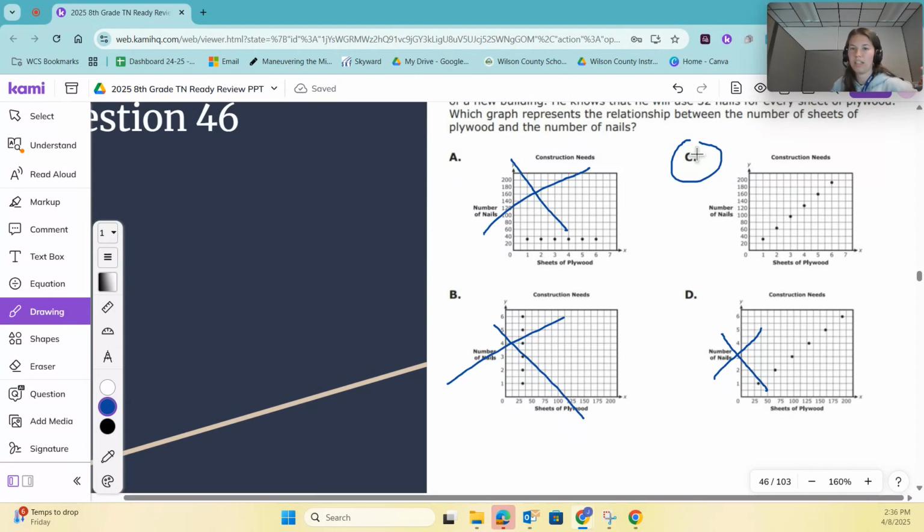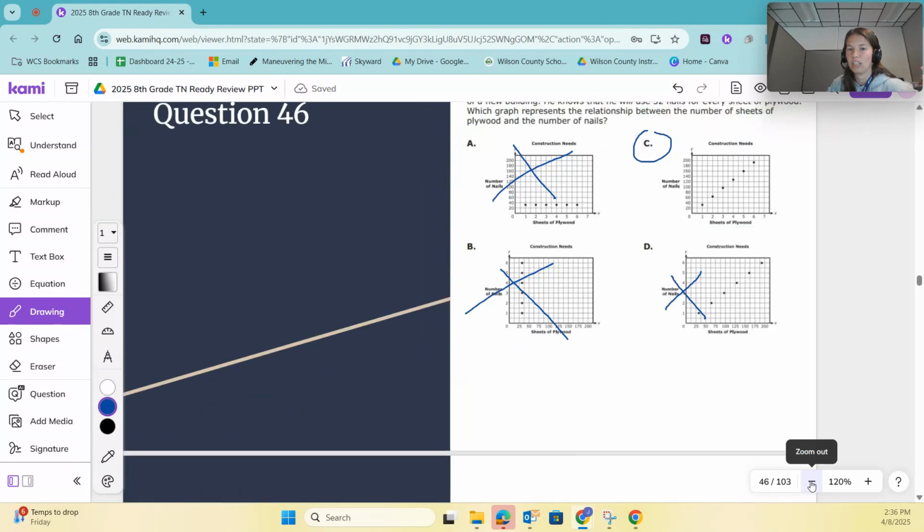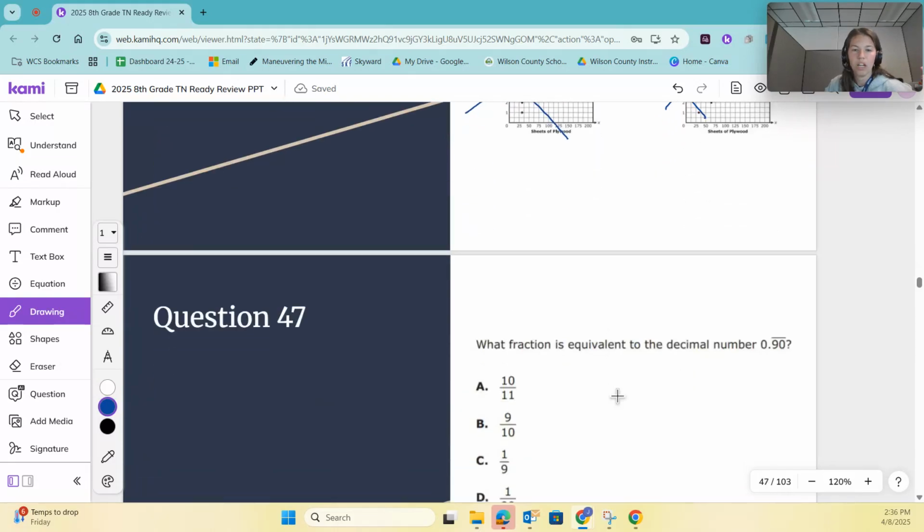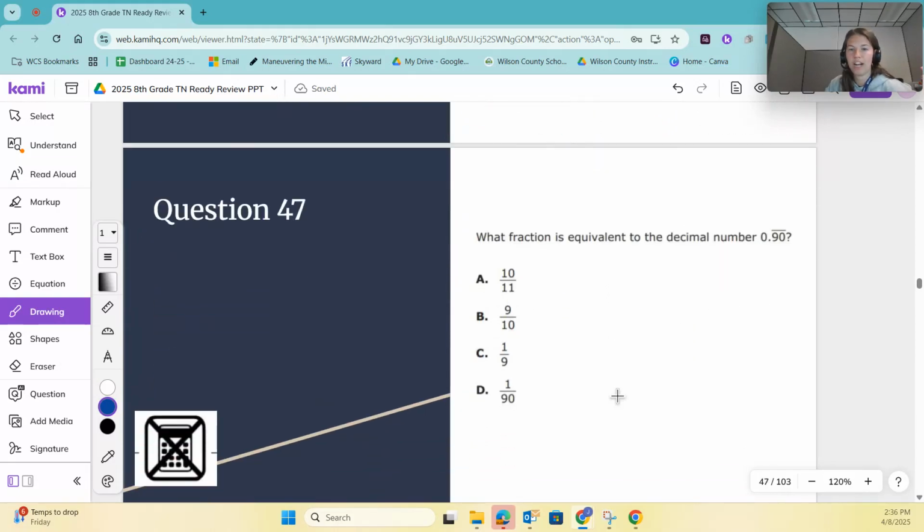The most important thing to look at on this problem was what my axes are labeled, and does that make sense in the context of the problem? Question number 47. What fraction is equivalent to the decimal number 0.90 repeating? Okay, that line on top, remember, means repeating. So it's really 0.909090, etc. It's going to continue that pattern forever.